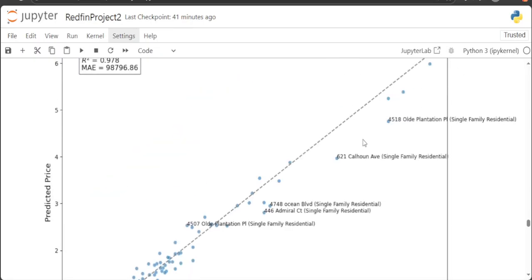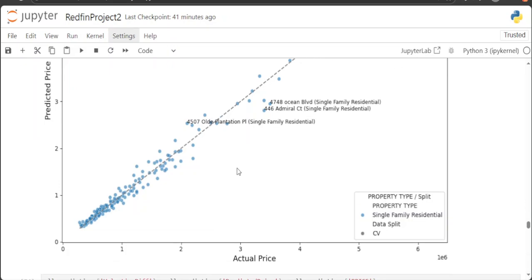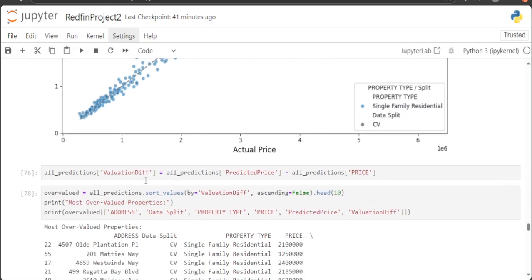In our results, you can see some of them are below, or undervalued. Four of the residuals were undervalued, and one that was marked was overvalued, the 4507 Old Plantation Place. In our data frame, we're making a new column, valuation diff, with our predicted price minus the actual sold price.